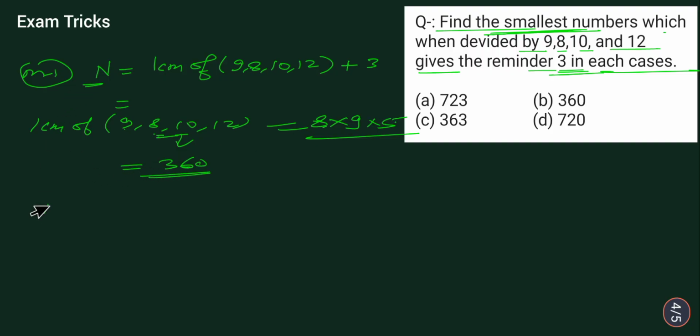So n would be 360 plus the remainder, which is 363. This is your answer. Is it clear? So option C is the correct answer.